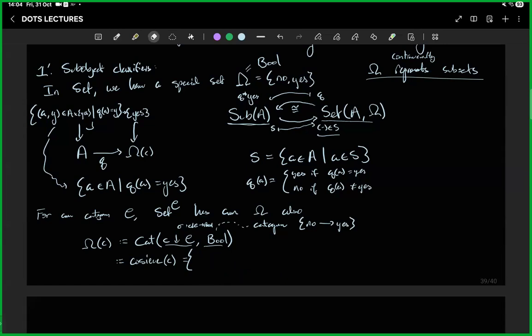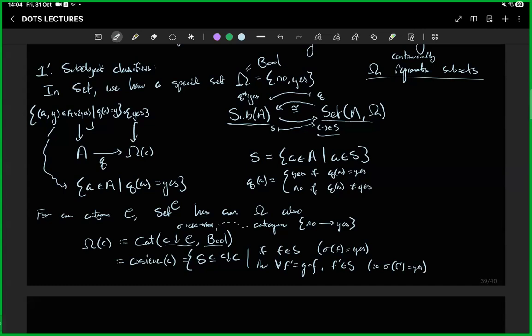I'll say it's a set of all subsets of maps out of C, such that if F is in S, then for all F prime, which equals G after F, which is what a morphism in the slice looks like, we also have that F prime is in S, i.e. sigma F prime equals yes.